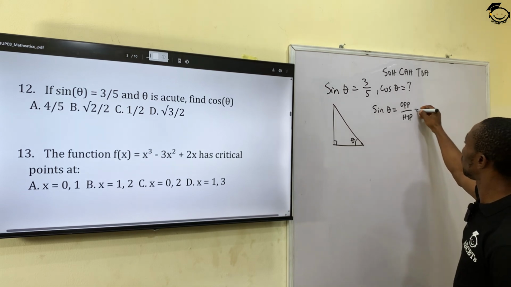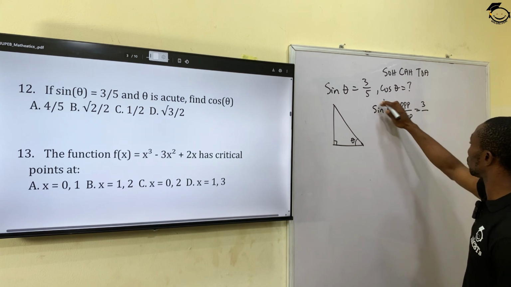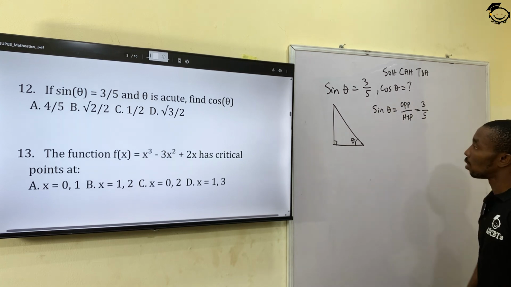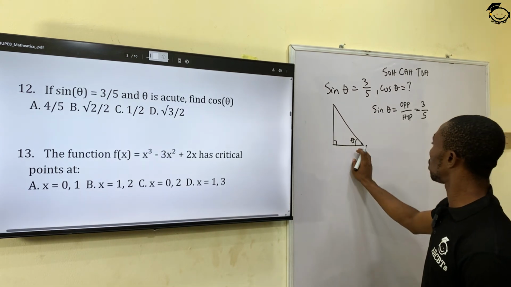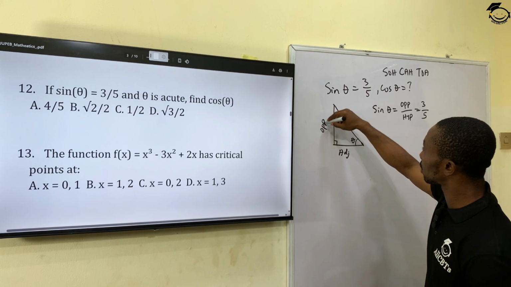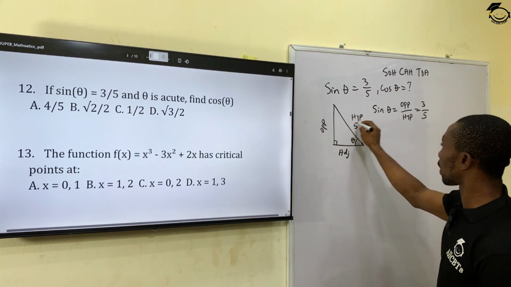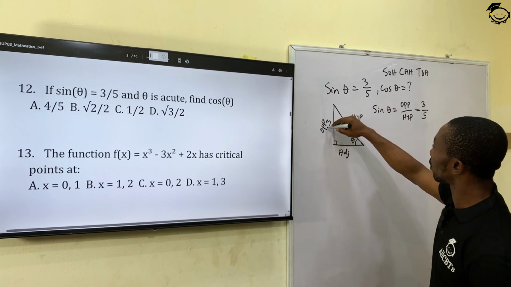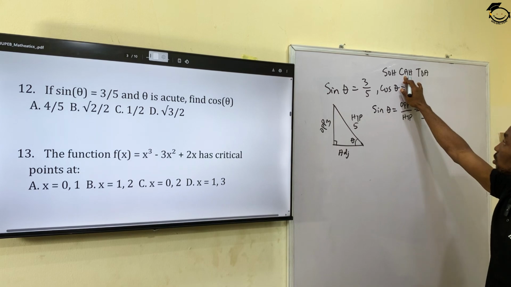Bearing this in mind, our opposite will become 3 and hypotenuse will be 5. Now on our right angle triangle, this is our adjacent, this will be our opposite and this will be our hypotenuse. So our hypotenuse is 5, opposite is 3, and adjacent we need to find in order to get cos theta.